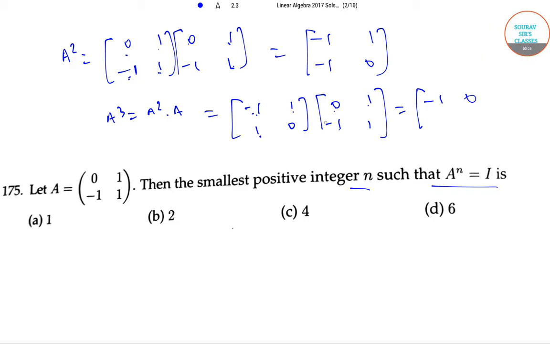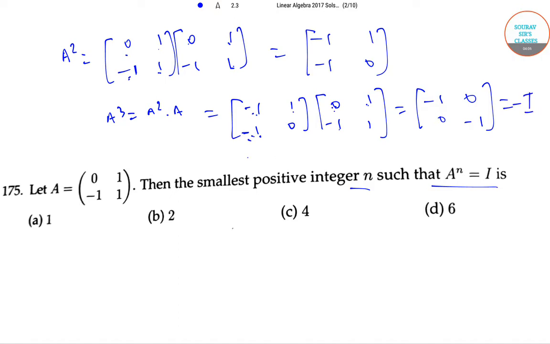Then 1 into 0 plus 0 into minus 1 is 0. 1 into 1 plus 0 into 1 is, or rather I made a mistake, this is minus 1 over here. So what we'll get is minus 1 into 0 plus 0 into minus 1, this is 0. It didn't have any effect because we had a 0. But minus 1 into 1 plus 0 into 1 gives us minus 1, which is equal to minus I.